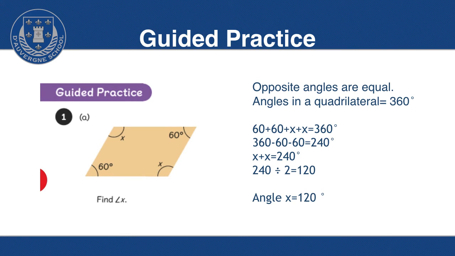Both x's, x add x equals 240. 240 divided by 2 to find out what 1 x is, 120 degrees. So that is what angle x will equal. And obviously because they're opposite, they're going to be the same.